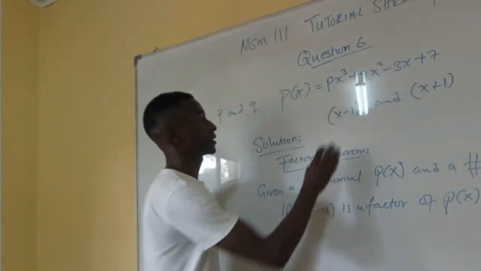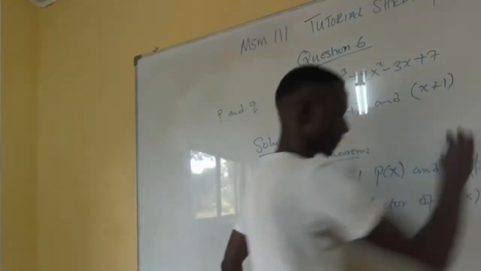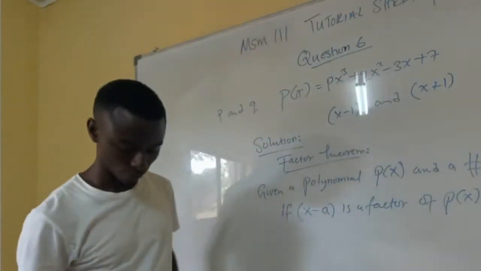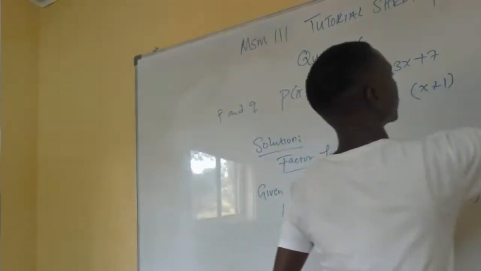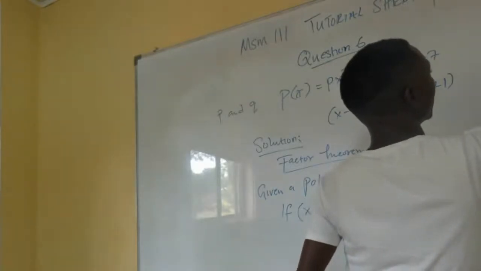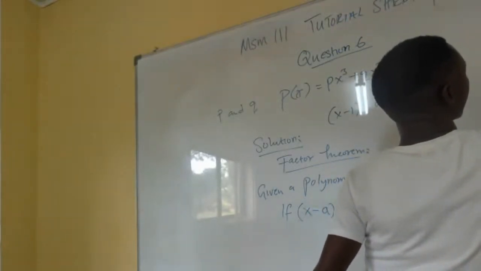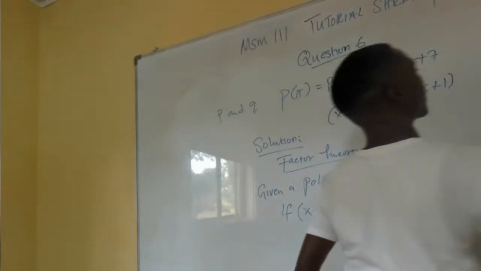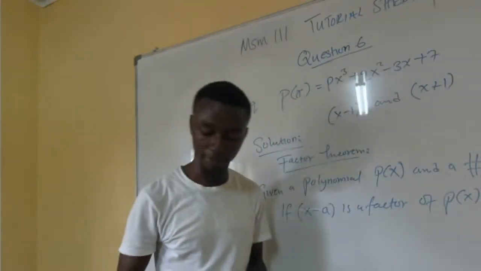So now let's solve. So we have two factors here. The first one is x minus 1. The second one is x plus 1. So we have two factors, x minus 1 and x plus 1.